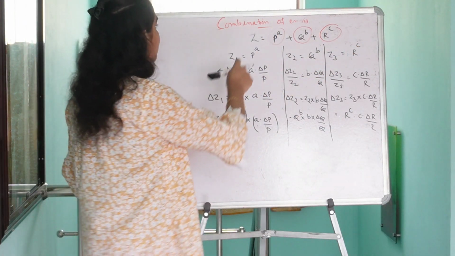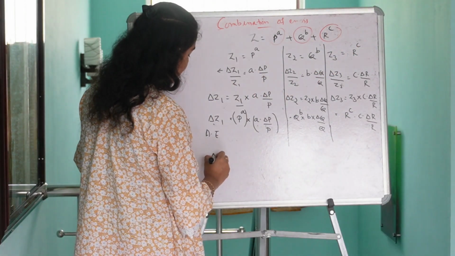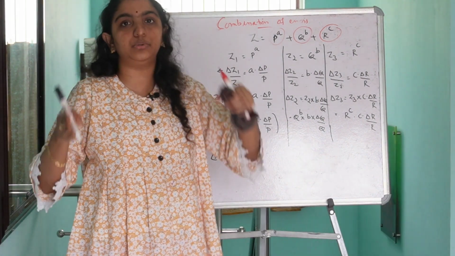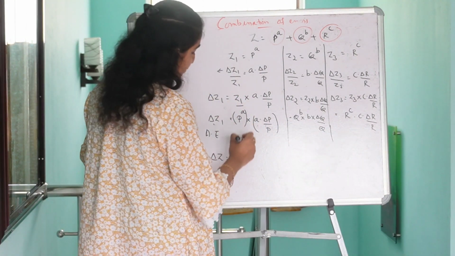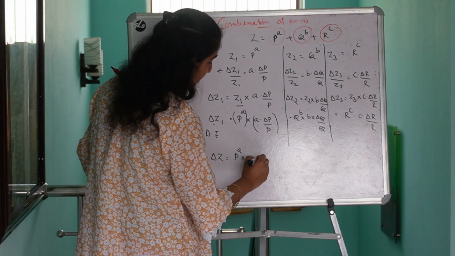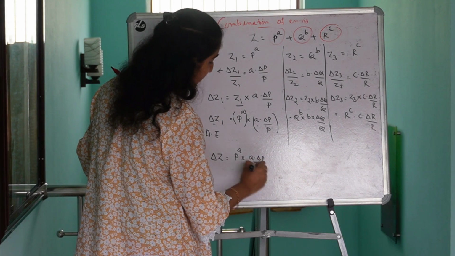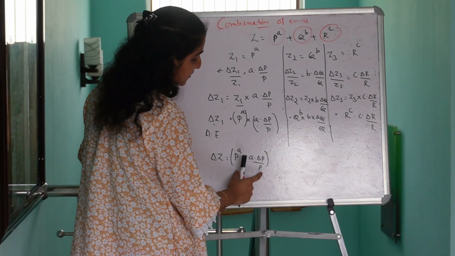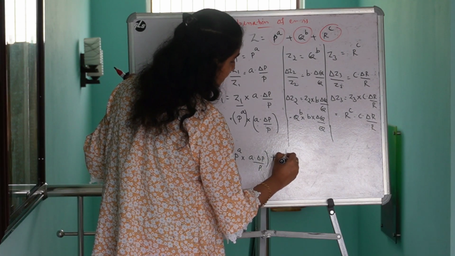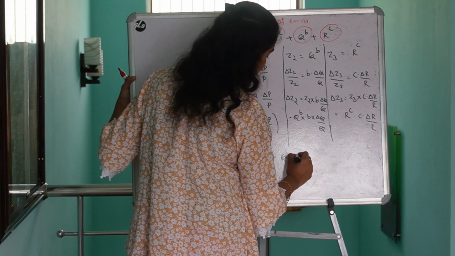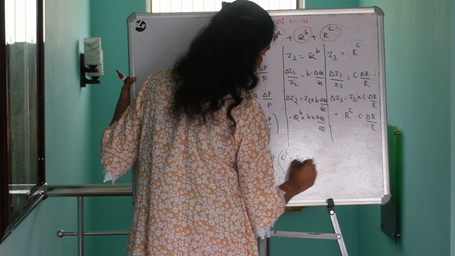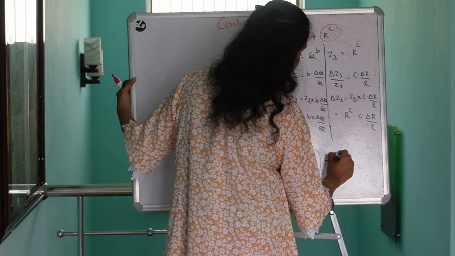Now it is easy to find the absolute error in Z, that is del Z. I have to simply add up the absolute error in the individual measurements. So the absolute error in the first physical quantity is P power A into del P by P. The absolute error in the next physical quantity Q is Q power B into del Q by Q. Now, what is the absolute error in the third quantity?